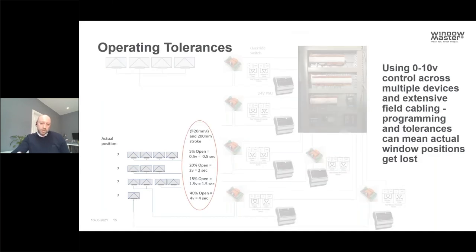Another thing to consider is the operating tolerances using this kind of traditional 0 to 10 volt approach.